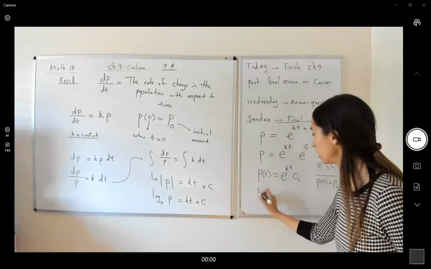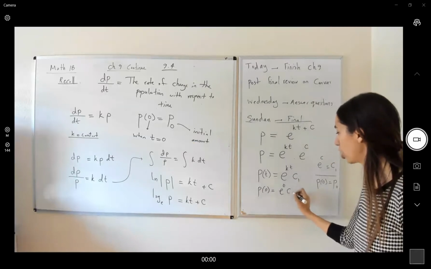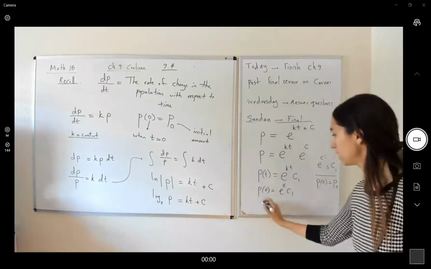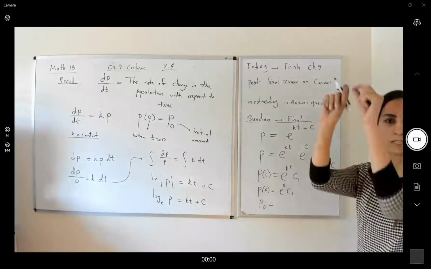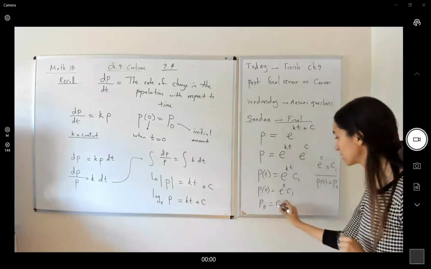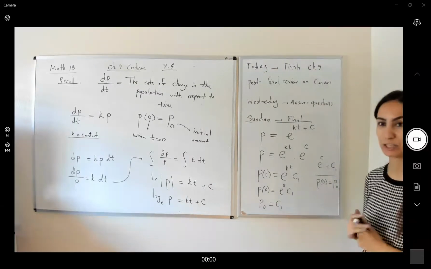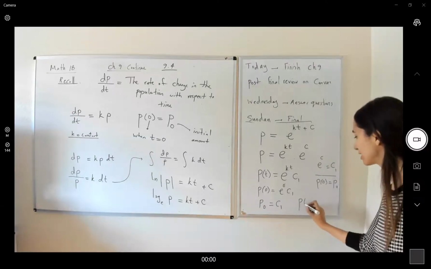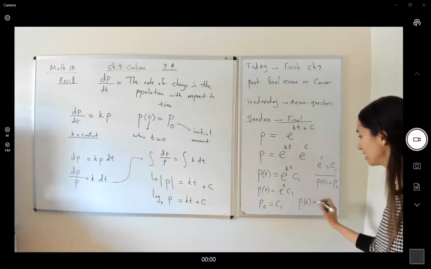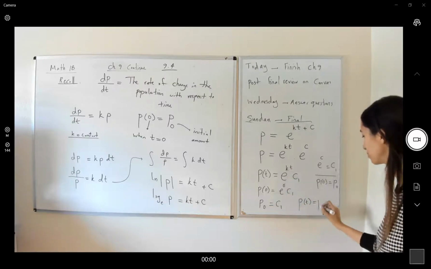If I plug in 0 here, I get e to 0 times c sub 1, and a number raised to 0 is 1, so c sub 1, my constant, is equal to the initial amount. So the solution for this differential equation is e to the kt times p sub 0.